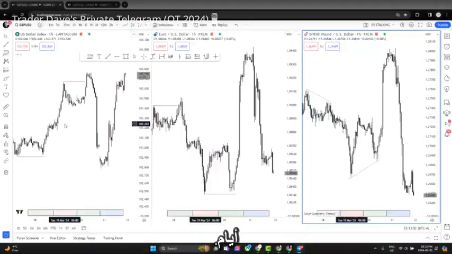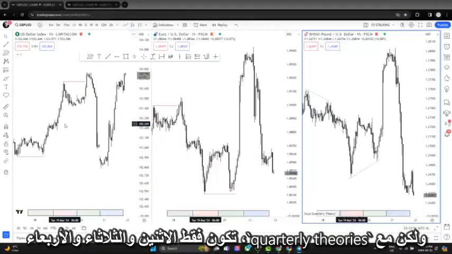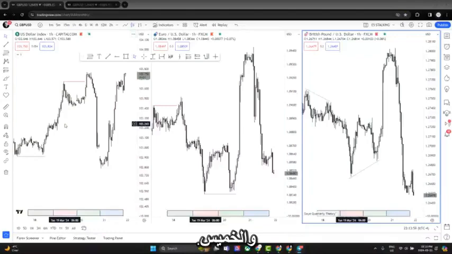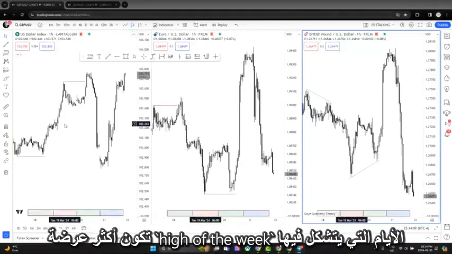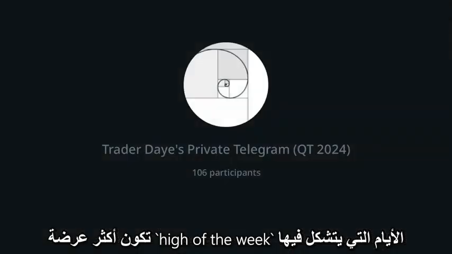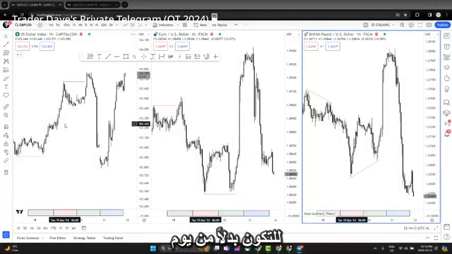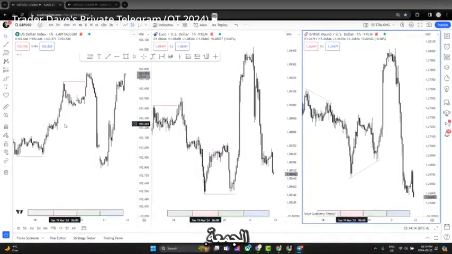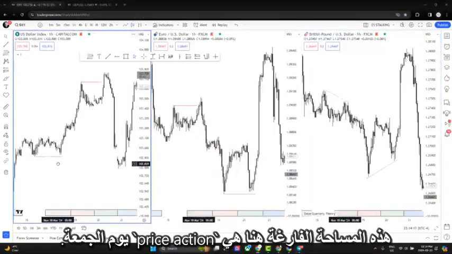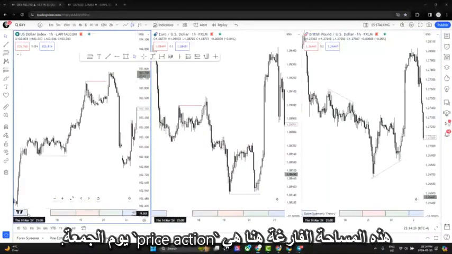But with quarterly theories, just Monday, Tuesday, Wednesday, and Thursday, because those are the days that the low and the high of the week are more prone to form, instead of on Friday. So this blank spot right here is Friday's price action.